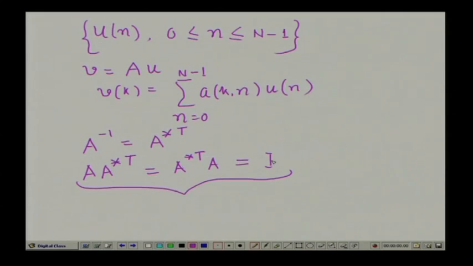Now, once we have this transformation and we get the transformation coefficients, the transformed sequence V k, we should also be able to find out how, from these transformation coefficients, we get back the original sequence u n.